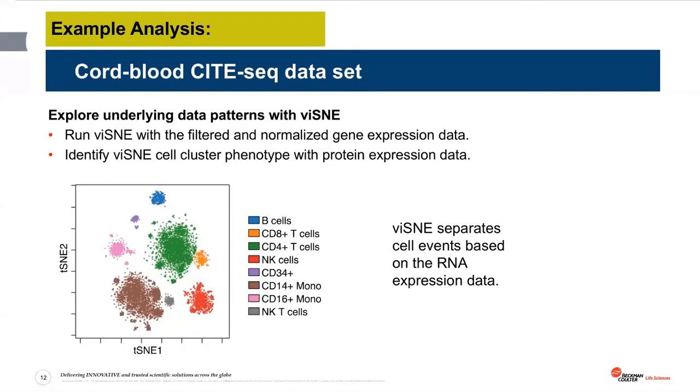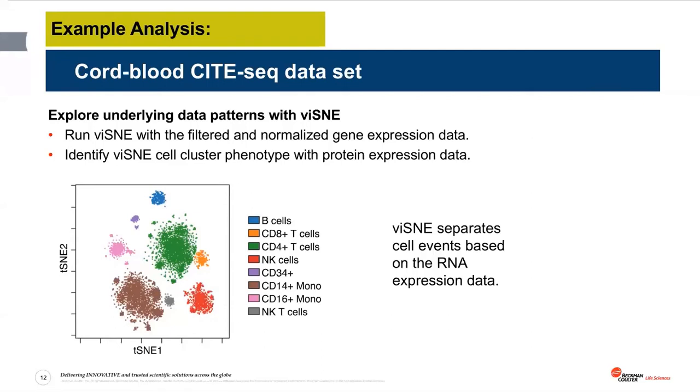And in this particular example, we have the CITE data set, and there are many different ways to apply Whitney with your CITE data. Here, particularly, I show you can run Whitney with only the RNA-seq expression matrix.